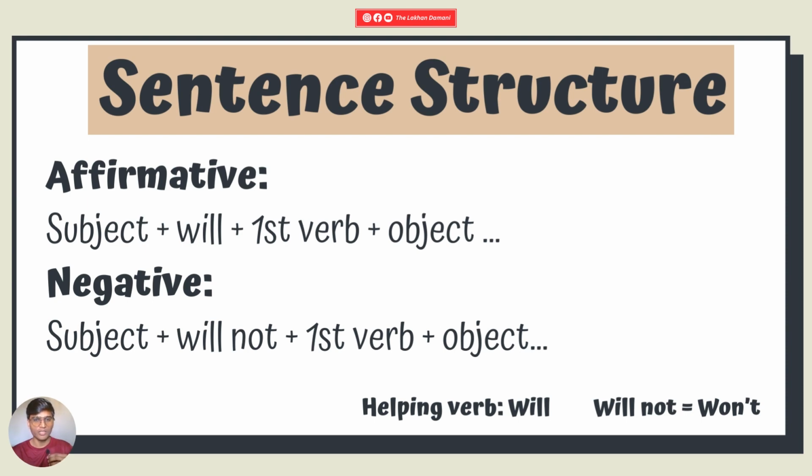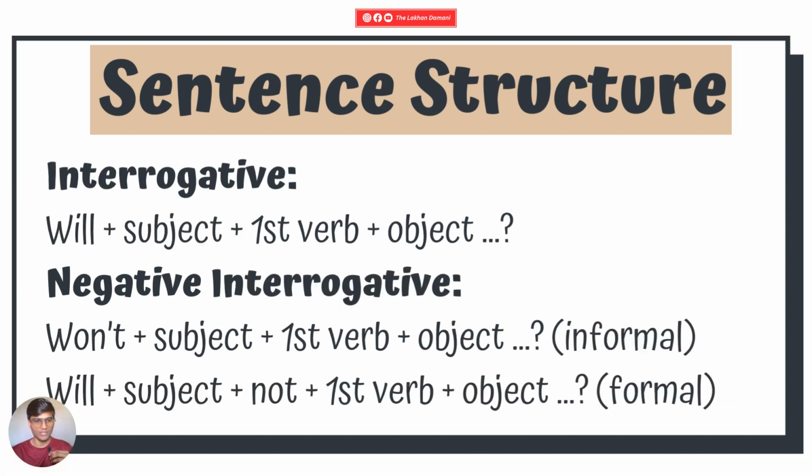Will not is a negative helping verb, the only helping verb is will. But when you talk about won't, you're talking about a contraction, right? She won't speak with you. So, she will not speak with you. That's how we can use the negative.